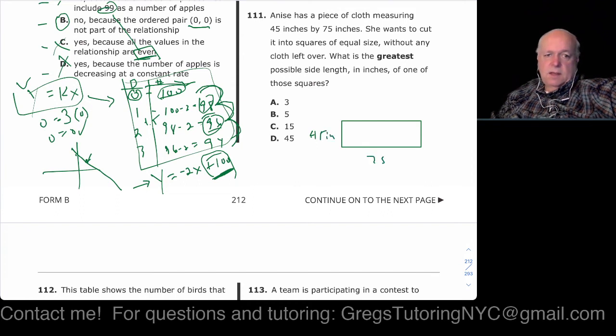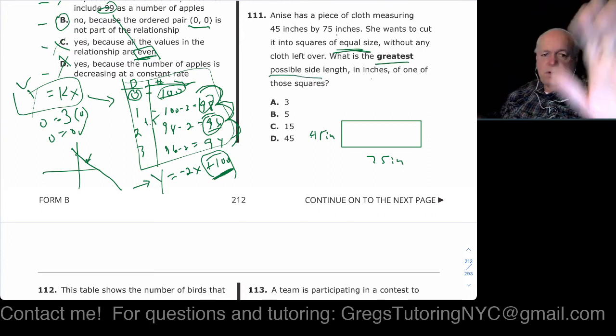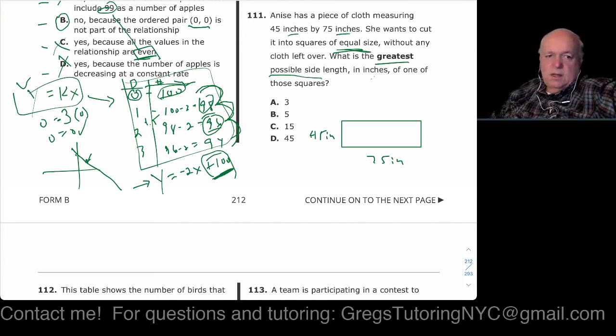She wants to cut it into squares of equal size, without any cloth left over. What is the greatest possible side length in inches? So that's inches, inches, inches, no unit conversion, of one of those squares.